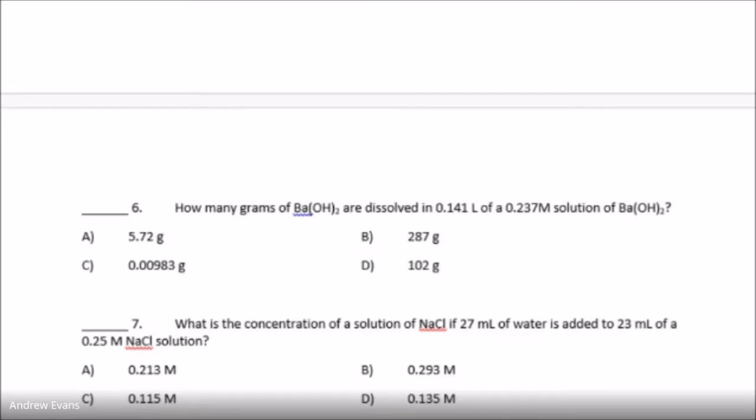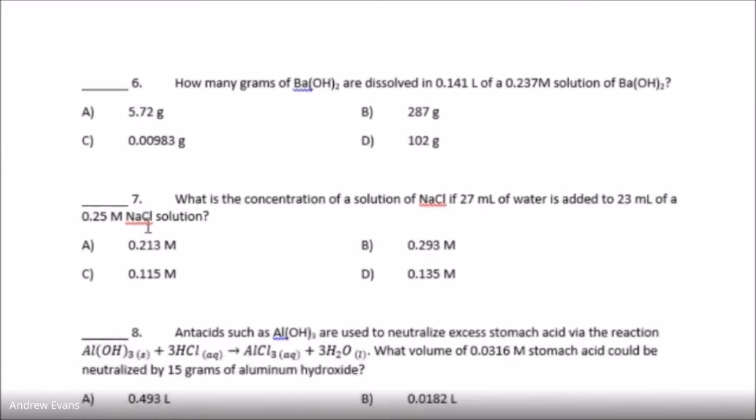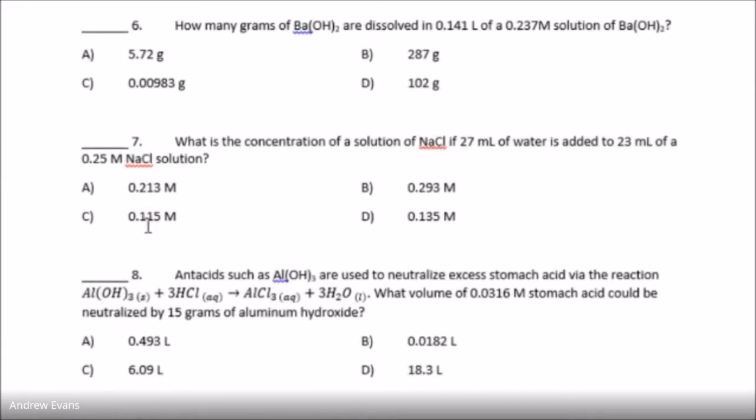You'll notice right now, so far, this has been very front-loaded for chapter 9. We'll eventually move on to chapter 10 and 11. But what is the concentration of solution if 27 mLs of water are added to 23 mLs of 0.25 molar sodium chloride?